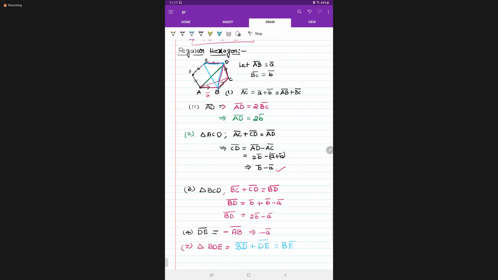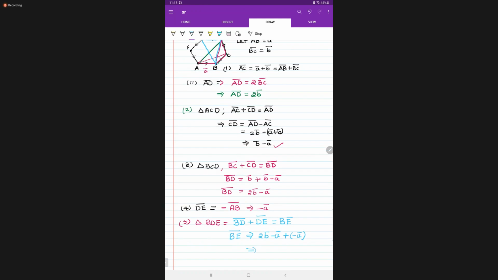Okay. I want BE bar. BE bar is equal to, what is the BD bar? 2B bar minus A bar. What is DE bar? Minus A bar. What's the answer? 2B bar minus 2B bar plus A bar, which is 2A bar. Good.